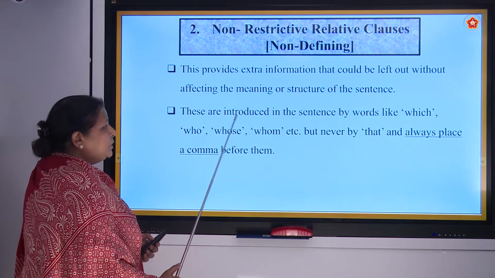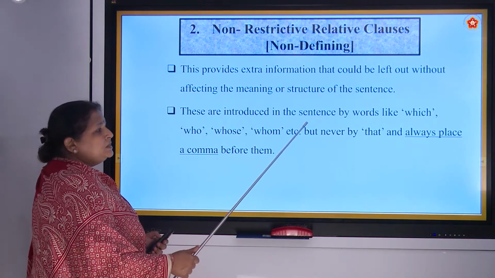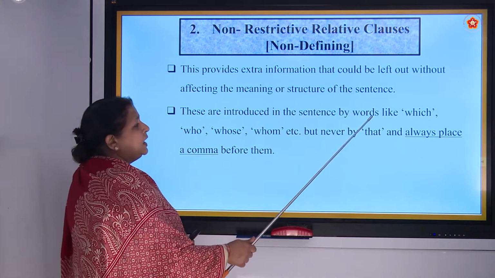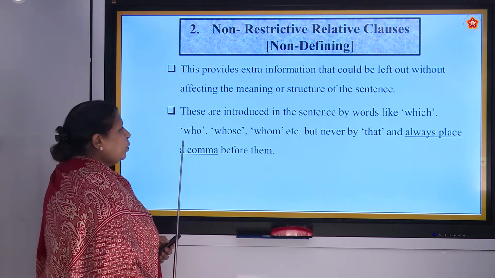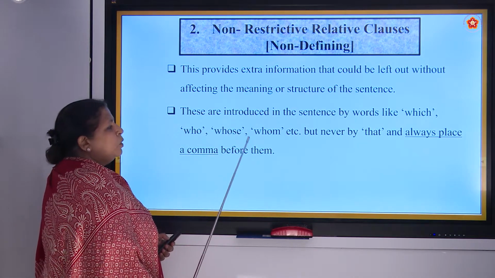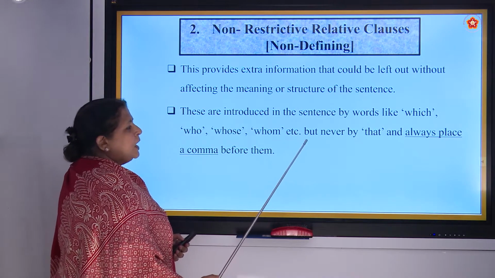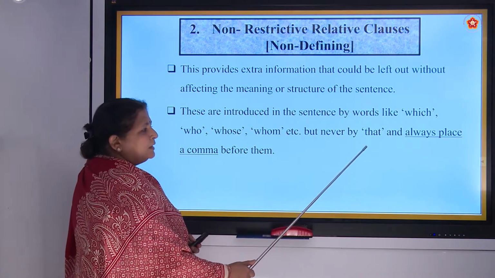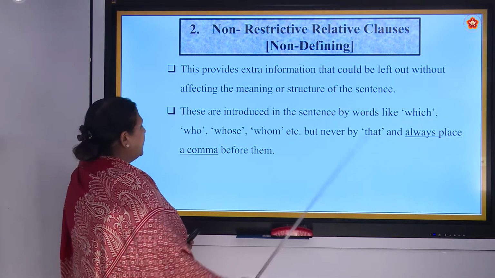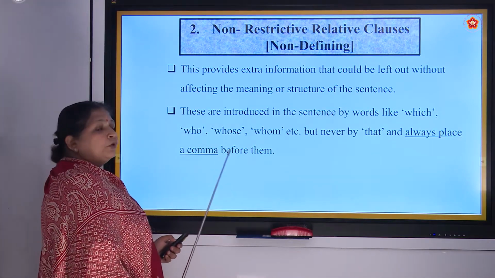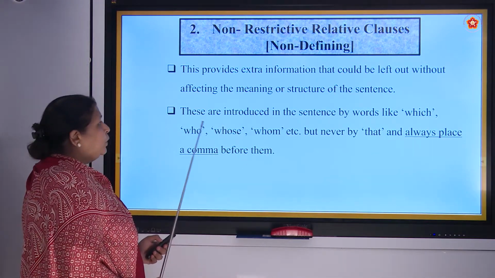These are introduced in the sentence by words like which, who, whose, whom, etc., but never by that, and always place a comma before them. So this is a very important point.